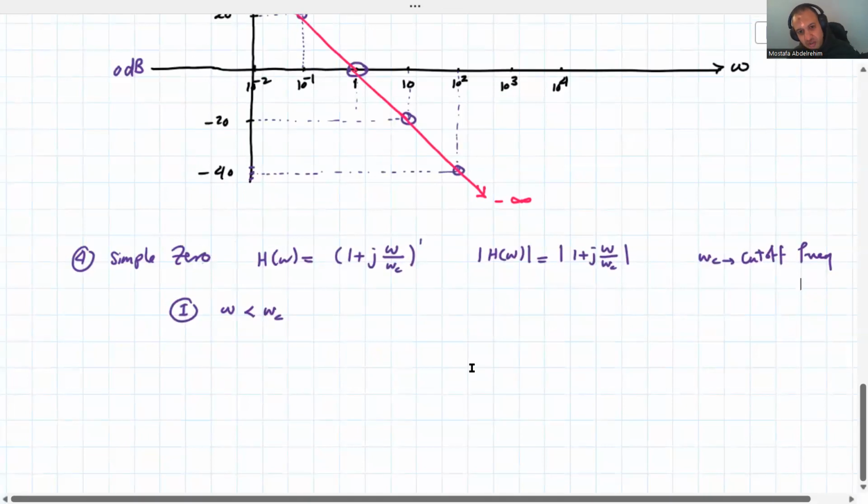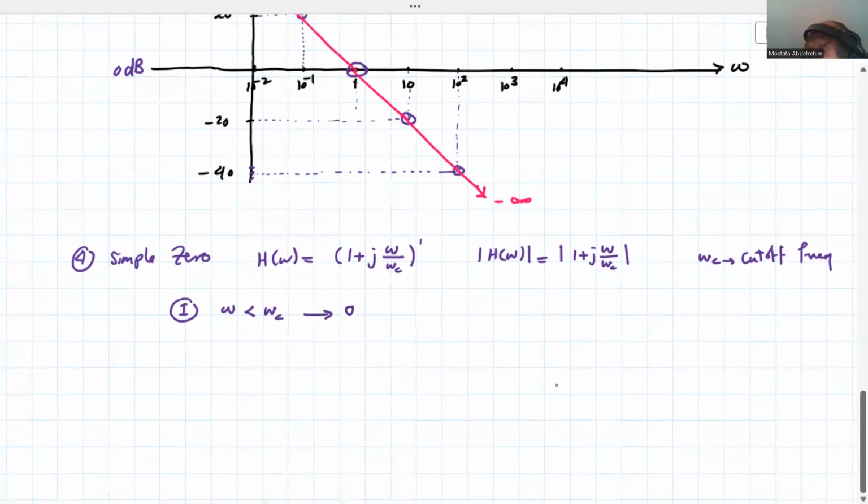So the first case, omega is much less than omega c, or we can say omega divided by omega c is much less than 1.